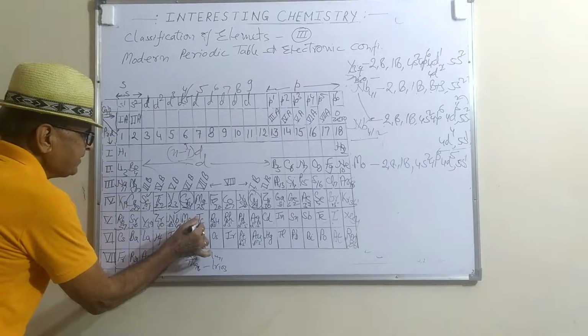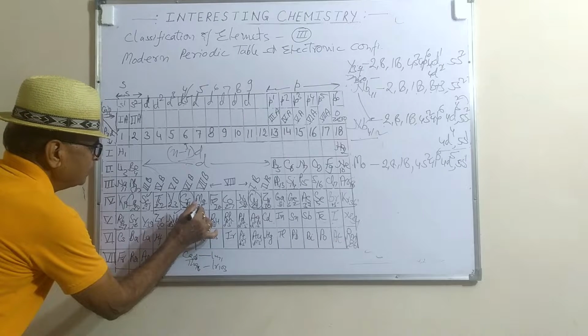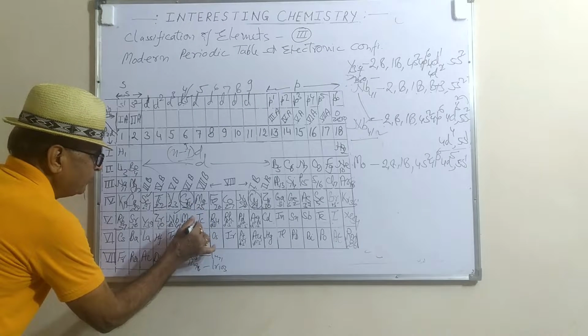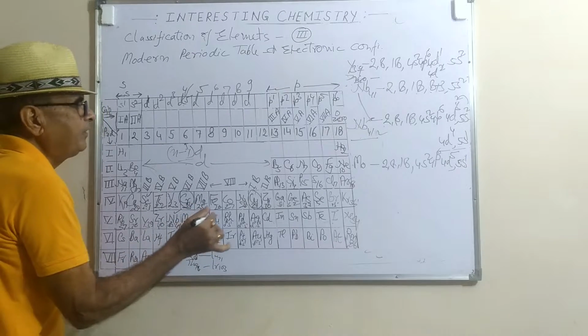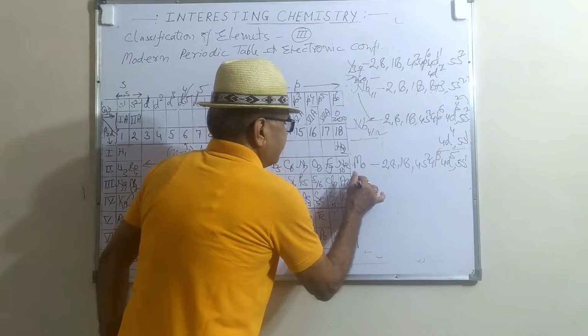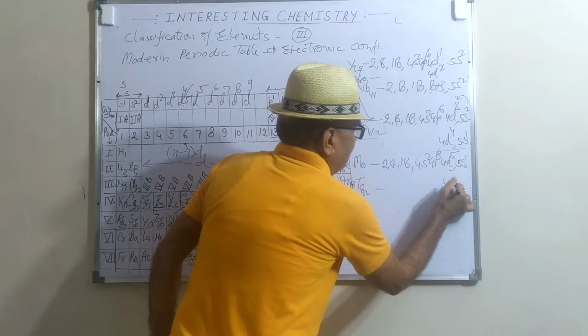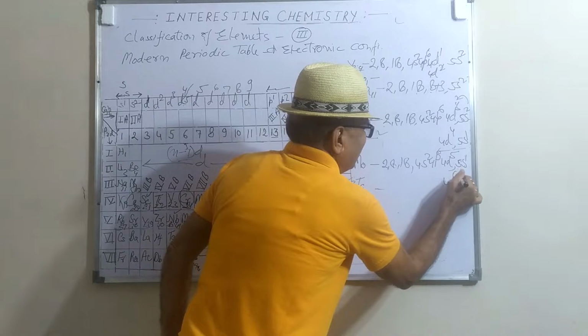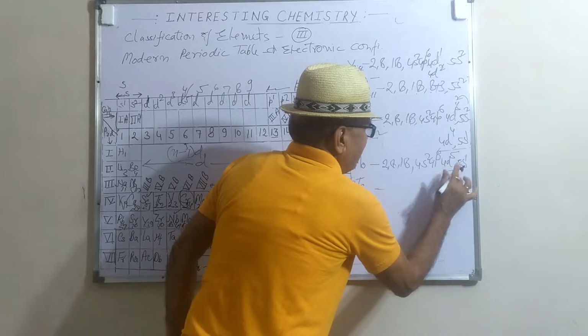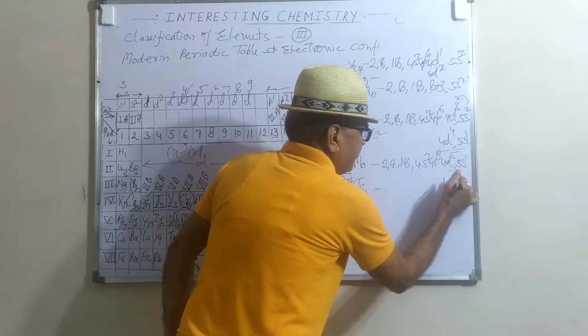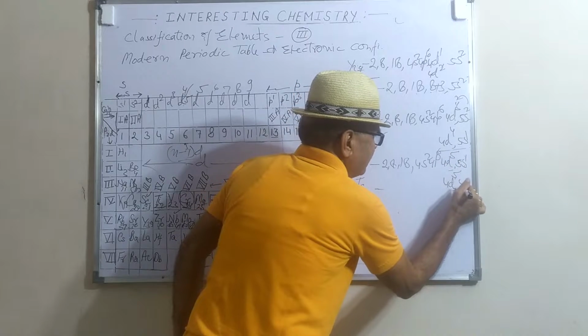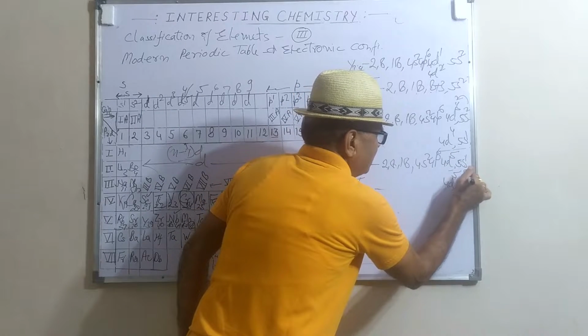Now it is technetium. Technetium is 25 plus 18, which is 43. So technetium 43 will have 4d5, which will remain, and the 5s will be 5s2.